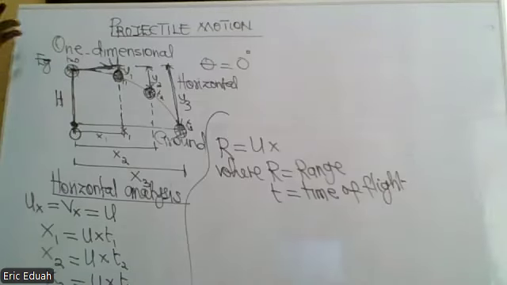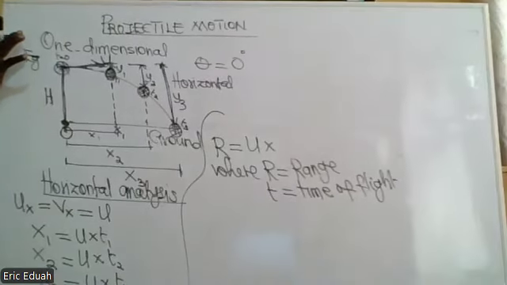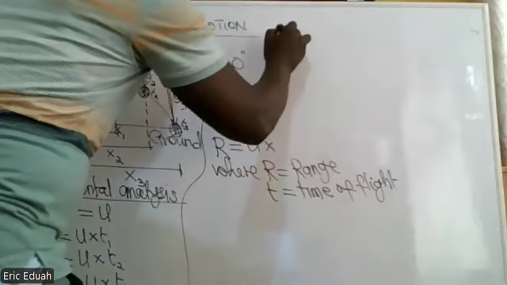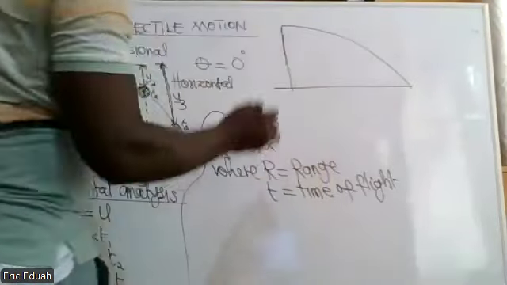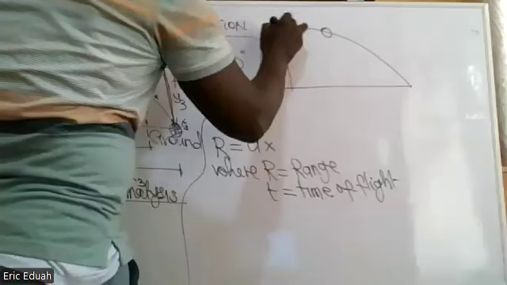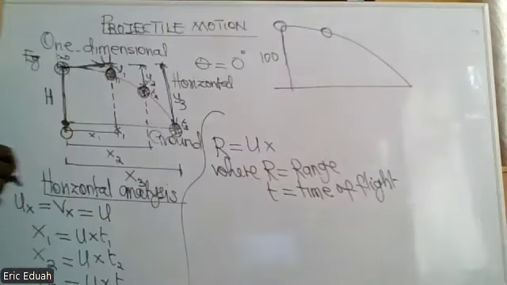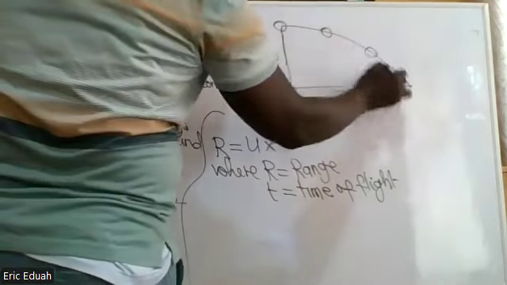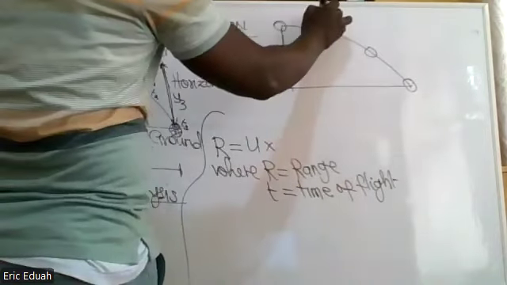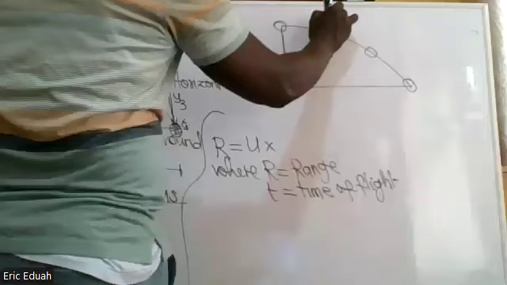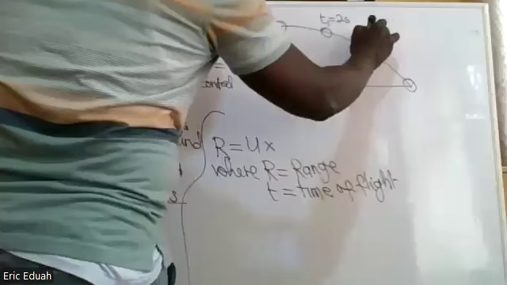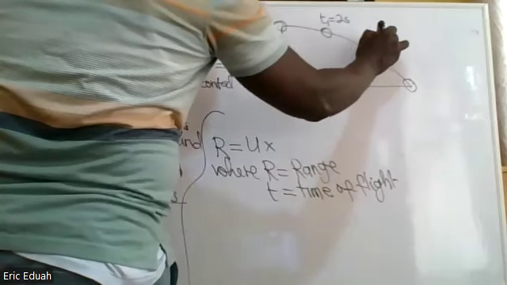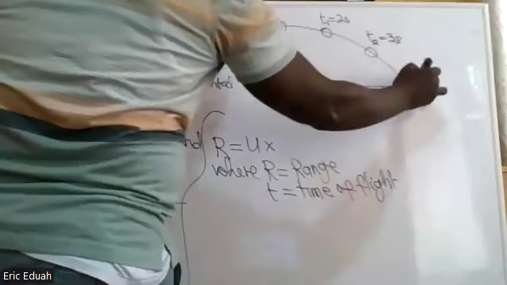So this is the motion of a projectile. The projectile is at a distance of 100 meters above the ground. T1 is equal to 2 seconds. This is T2, 3 seconds.